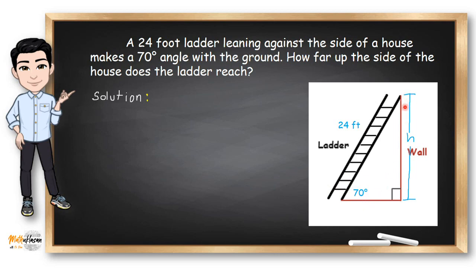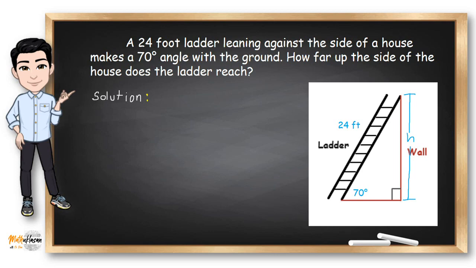Now, if one of the sides is missing, what formula can we use? We all know that we can't use the Pythagorean theorem here because only one side is given in the right triangle. So we need to rely on the 6 trigonometric functions. In the previous video, we talk about SOHCAHTOA.